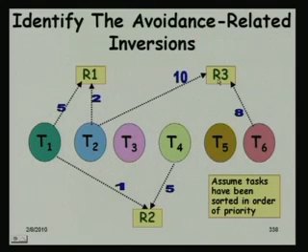But is there any other avoidance inversion for T2? Yeah, T4 holds R2. So, it will also suffer avoidance inversion due to T4, because when T4 gets R2, the current system ceiling is set equal to that of T1, T2 will be prevented and it will suffer avoidance inversion.